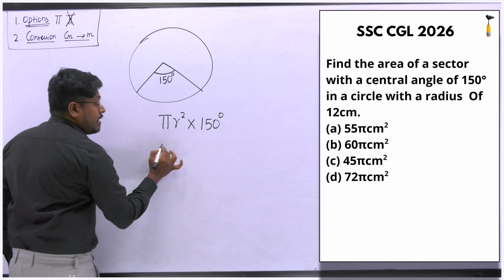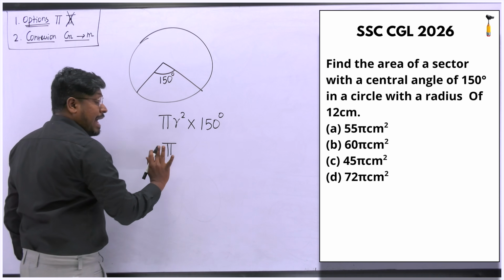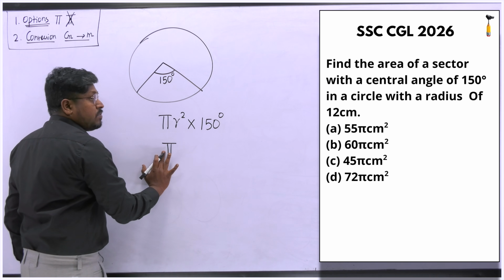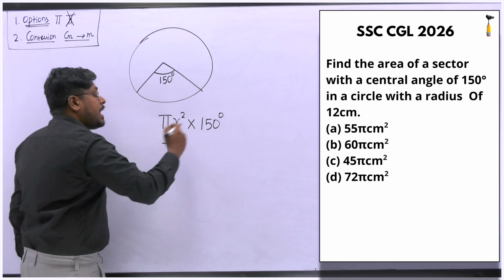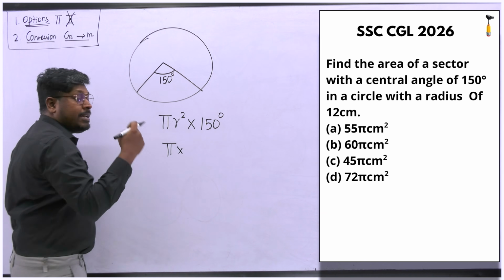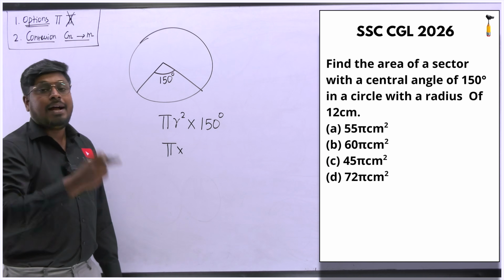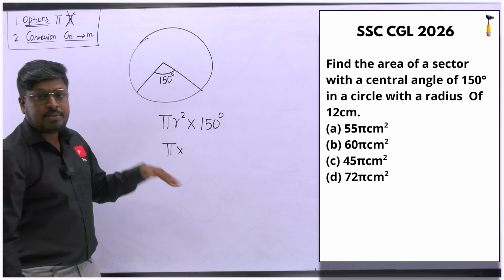So pi, do not write this as 22/7. Why? Because in the options we have pi as it is. Most important thing, because if you write 22/7 and after cancelling, again convert the value into pi, it might take more minutes and waste time in the exams. So just look at the options first and then solve the question.